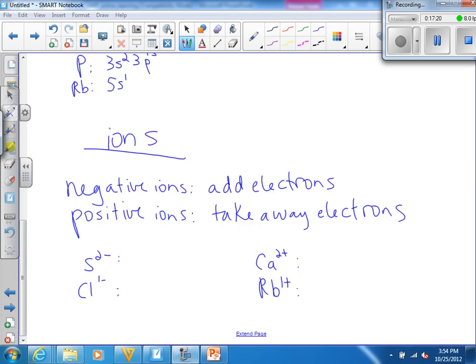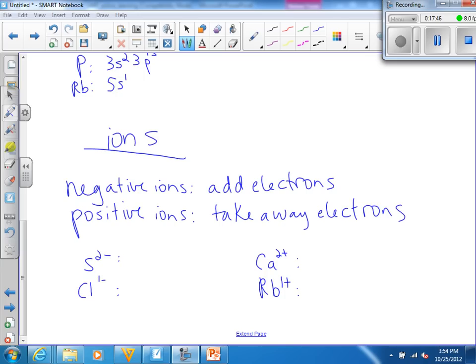Okay, now we're going to talk about the electron configurations for ions. Don't forget, if you're a negative ion, you need to add electrons. If you're a positive ion, you take away electrons. So let's find sulfur. Sulfur is number 16. We're going to do these shorthand configurations here to make life easy on us. So S2 minus, we add 2 electrons.